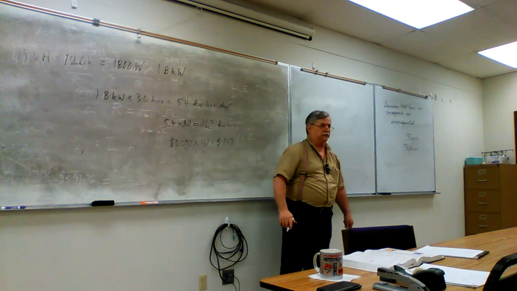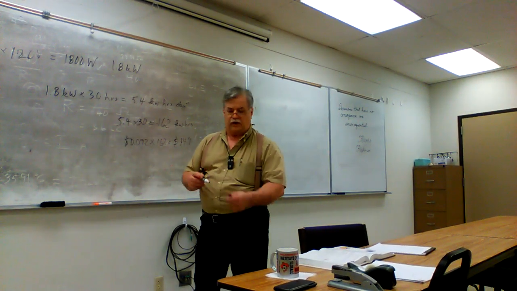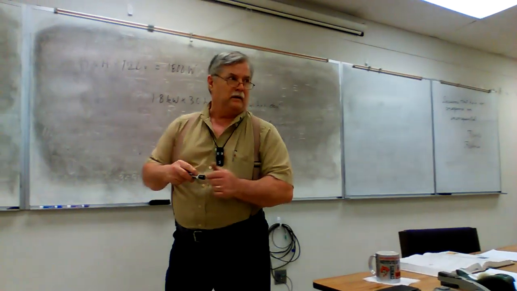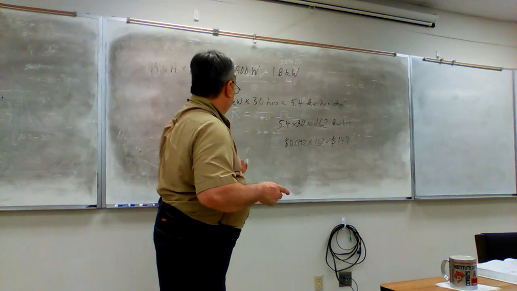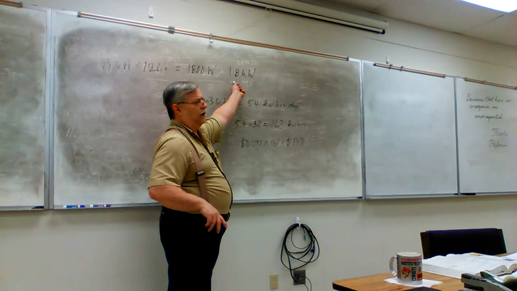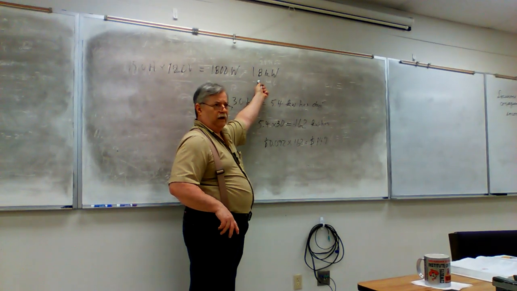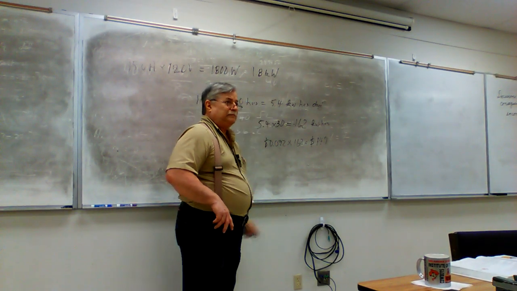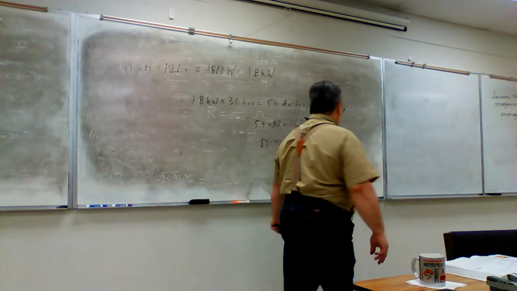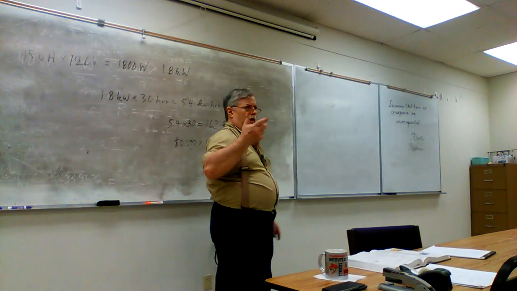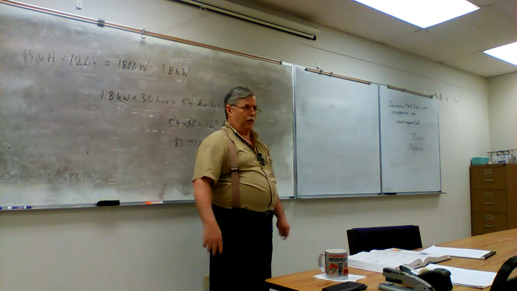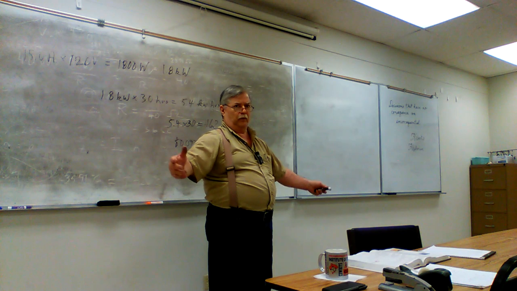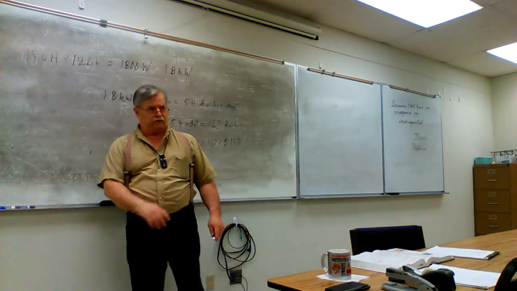So about 15 bucks to run that electric heater 3 hours a day for 30 days. But it's an 1800 watt device. What if you wanted to run a 50 watt light bulb on your front porch, and you wanted to run it 12 hours a day, so it stayed on all night?